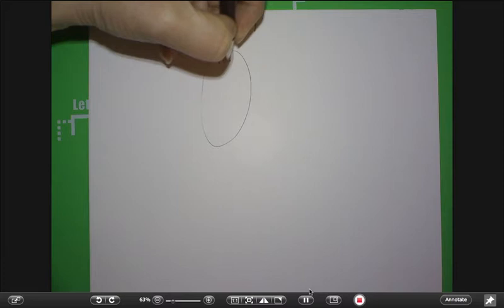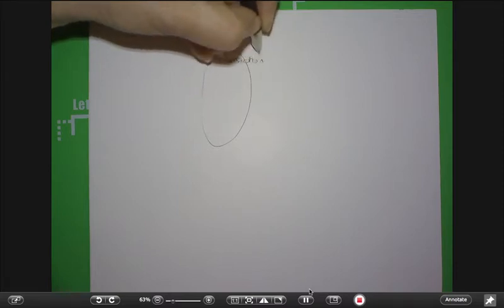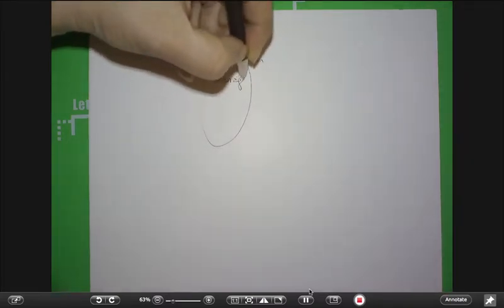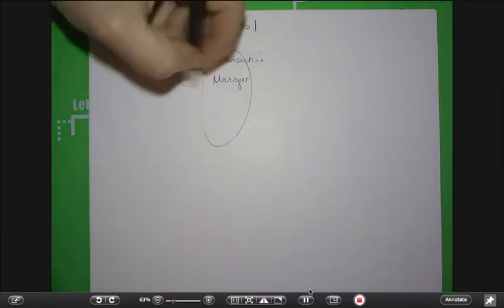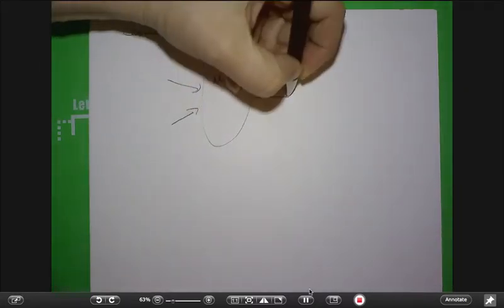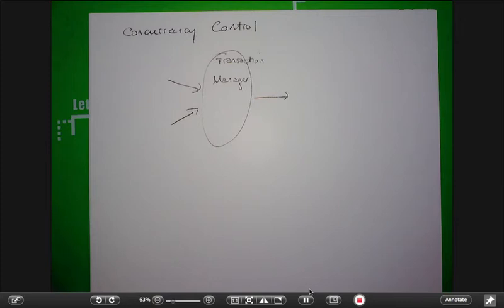Okay? So the thing that we talked about last time was that the whole point of concurrency control is to look at the kind of schedules produced. So you have this transaction manager sitting here. It is your traffic lights. It tells you stop, go, right? So transactions all have to go through here to be able to do anything.